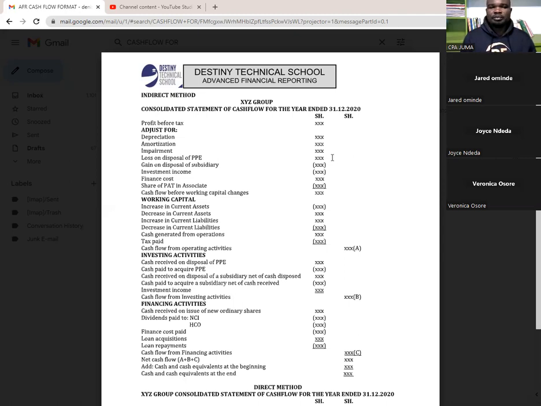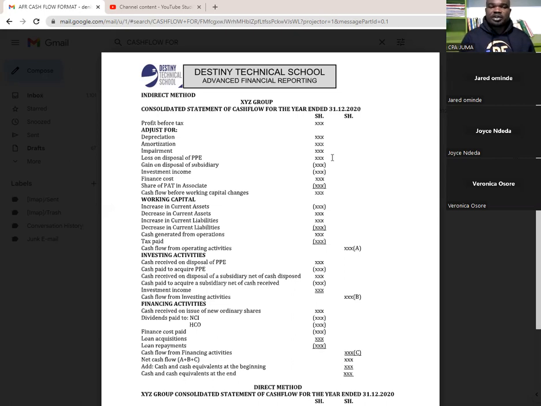There is no problem. Interest and dividends can be subtracted from operations, investing or financing, provided it is applied consistently by an entity. So there is no restriction. They can be argued to arise from any of those three.